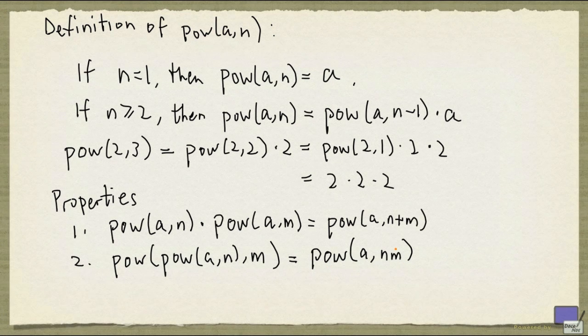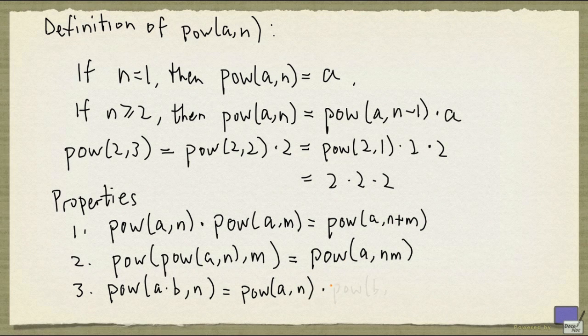Again, this can be proved directly from the definition using induction. And the third property is, if you raise the product of a and b to the nth power, it's the same as multiplying a to the power n and b to the power n. Again, you can also prove by induction on n.